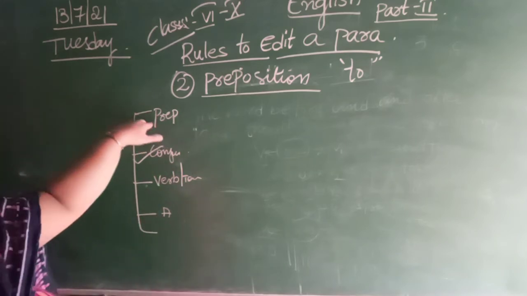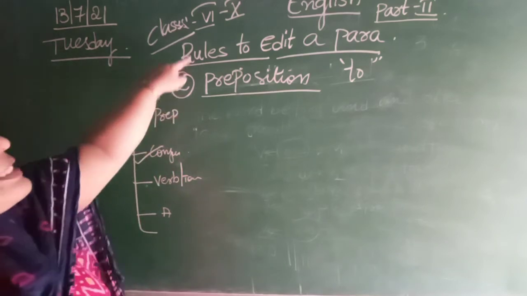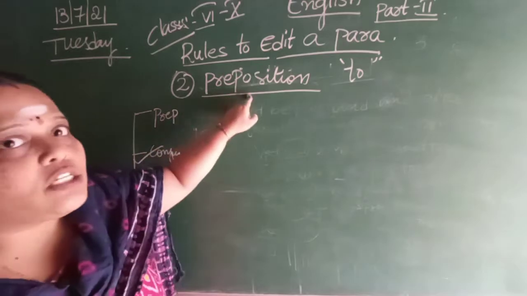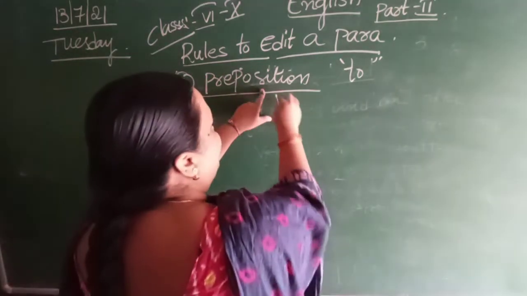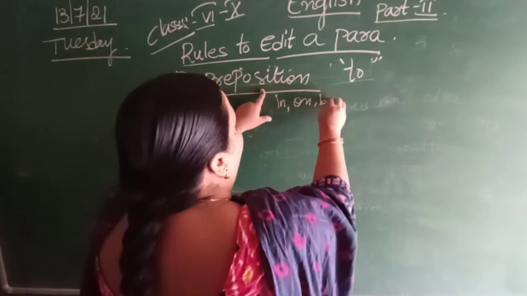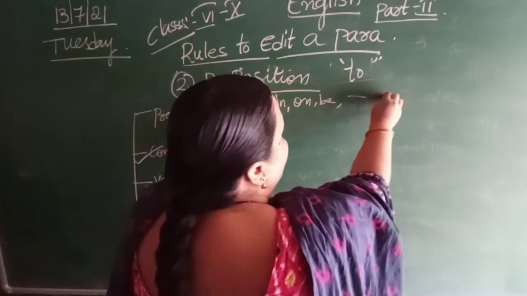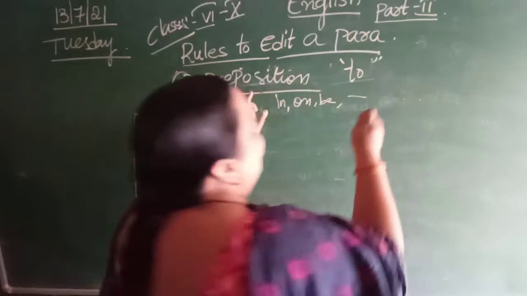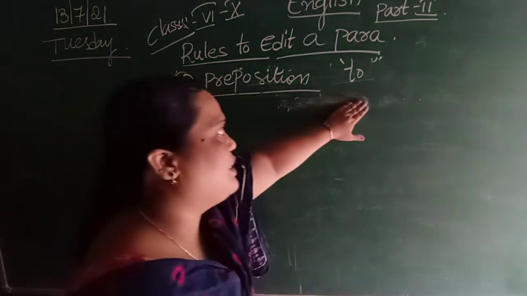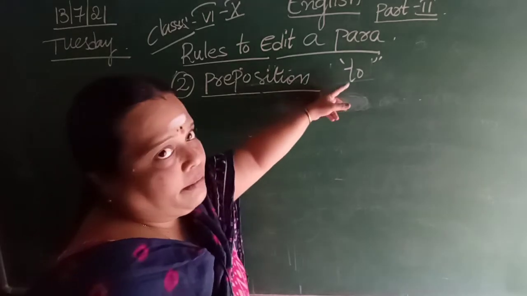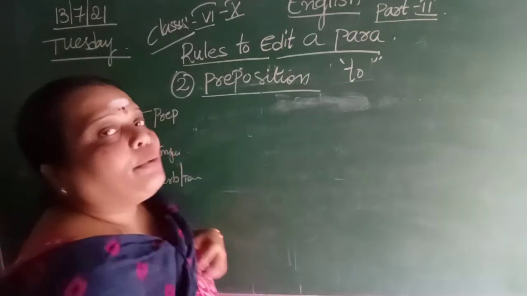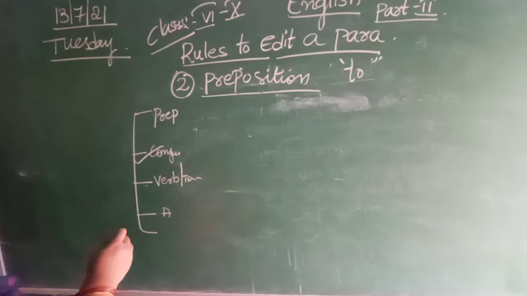Now we are doing rule number 2, that is preposition. See, there are many prepositions like in, on, before, after, under, above, below, all these come under preposition, but generally we will be getting an error after "to". So how to identify the error which we get after "to"?